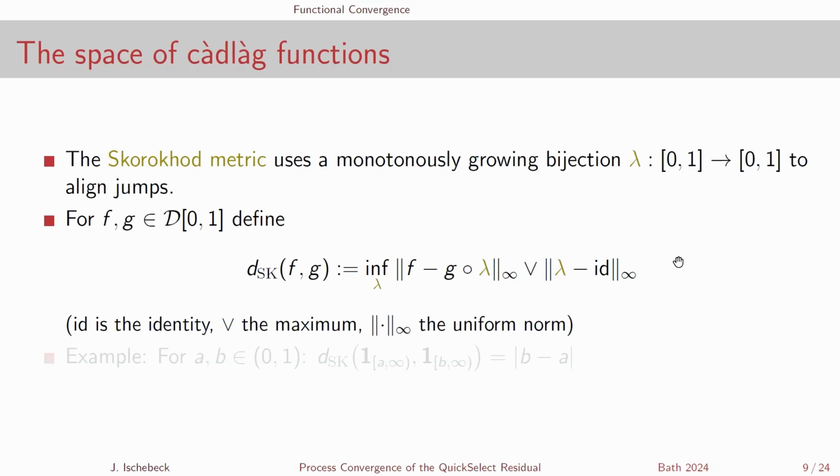As you see, the first term shows that the Skorokhod metric is always smaller or equal than the uniform norm. The second term can be seen as the time shift. For example, if we have a jump at some point A and a jump at some point B, the distance between these functions is just the distance between B and A, because we can find a bijection that maps A to B, and this distance would be B minus A.